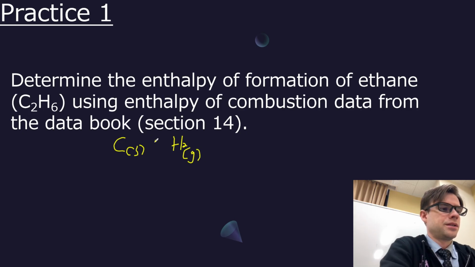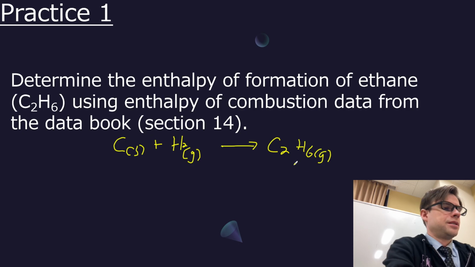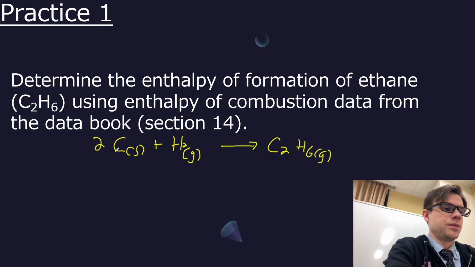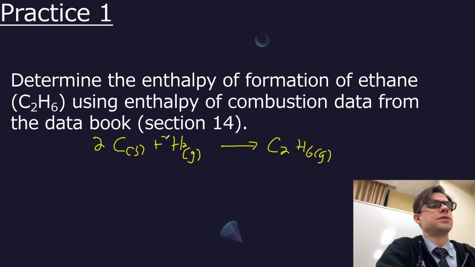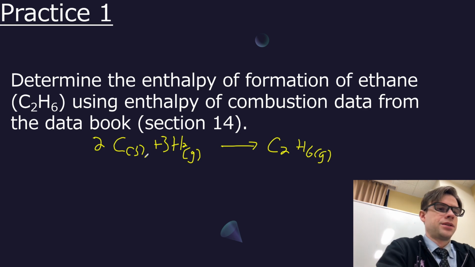Add these together, and we will make C2H6, also a gas. Now balance this. We need at least 2 carbon atoms from the solid phase, and we have H6 on the right, so we would need 3 H2s. And then we can make this C2H6 gas. And that's what we're asked to find.